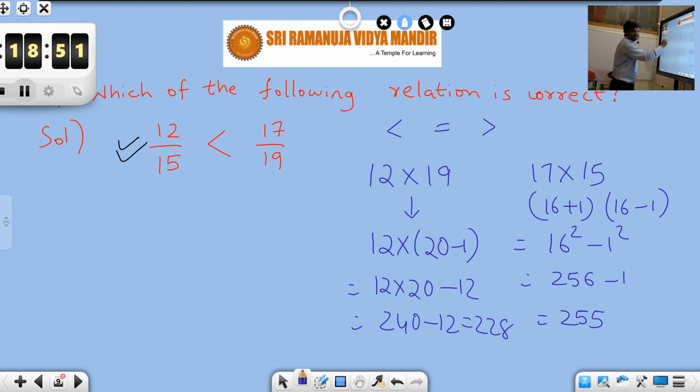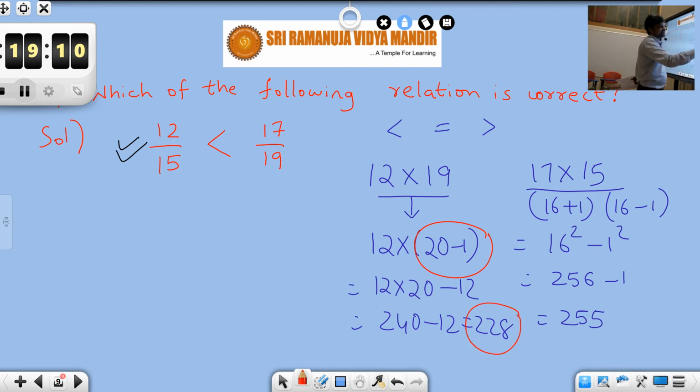If we multiply by their denominators on both sides, here we will be getting 12 into 19 and here we will be getting 17 into 15. So 19 I have written as 20 minus 1. So 12 into 20 minus 12, this is 240 minus 12, that is 228. And on the right hand side, we can write this as 16 plus 1 into 16 minus 1.